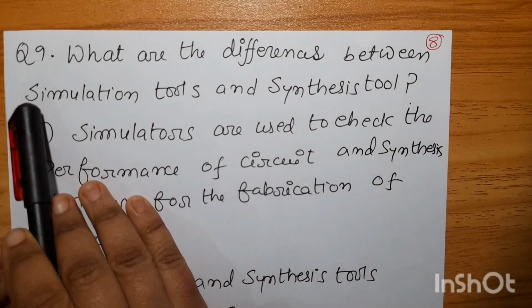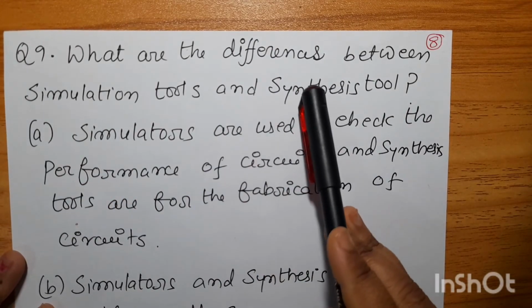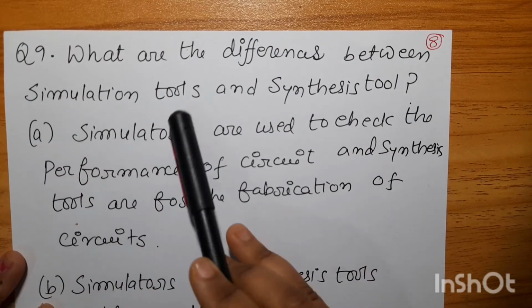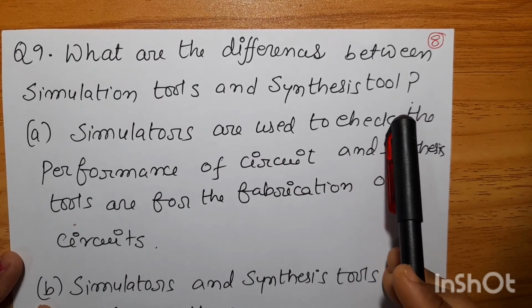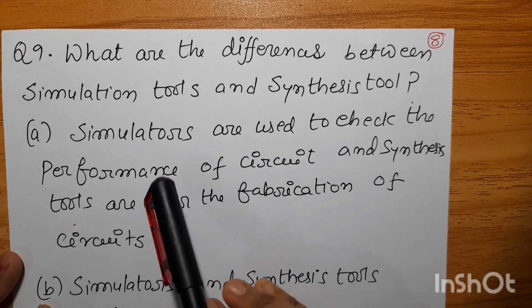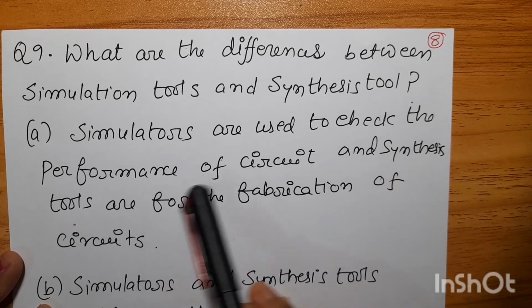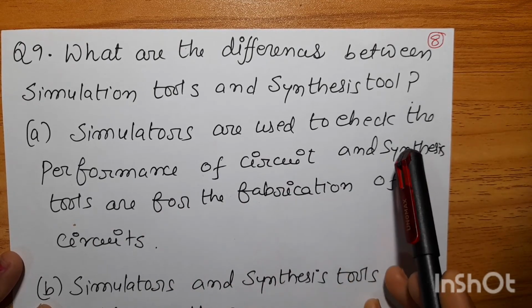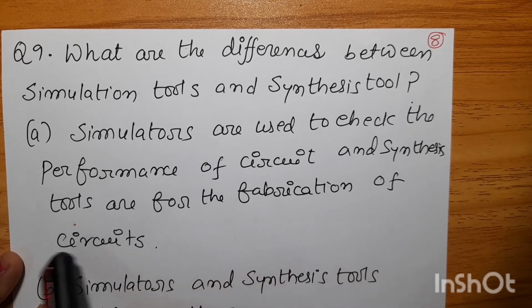Now, here is question number 9. What are the differences between simulation tools and synthesis tools? We have to tell the differences. Here are the four options. Option A. Simulators are used to check the performance of the circuit, and synthesis tools are used for the fabrication of the circuit.